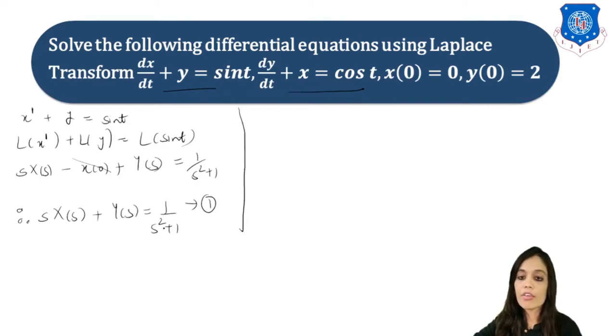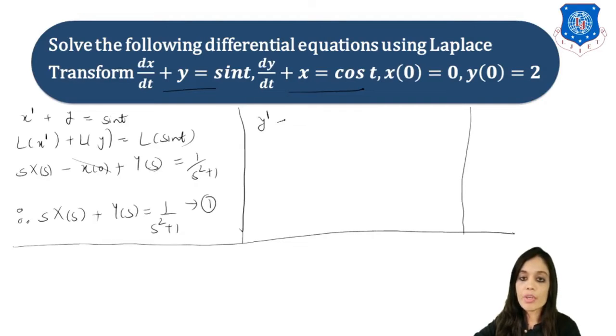Okay. Now let us find our solution of second equation, that is y dash plus x equals cos t. Apply Laplace on both the sides. So Laplace of y dash plus Laplace of x equals Laplace of cos t.